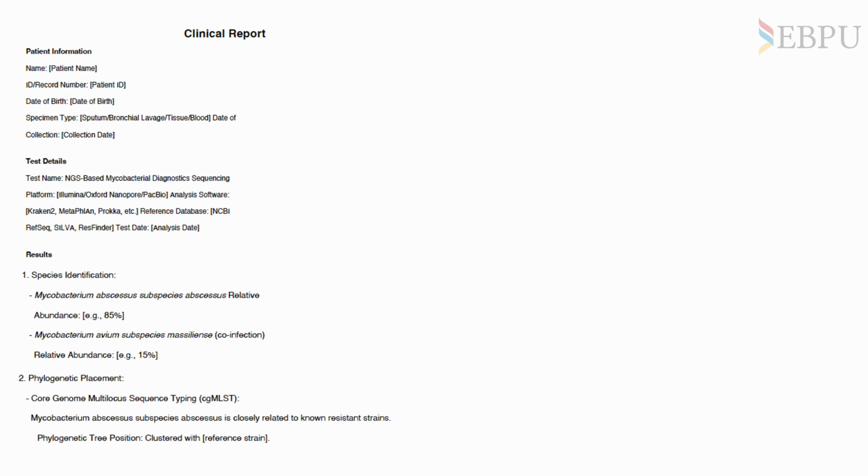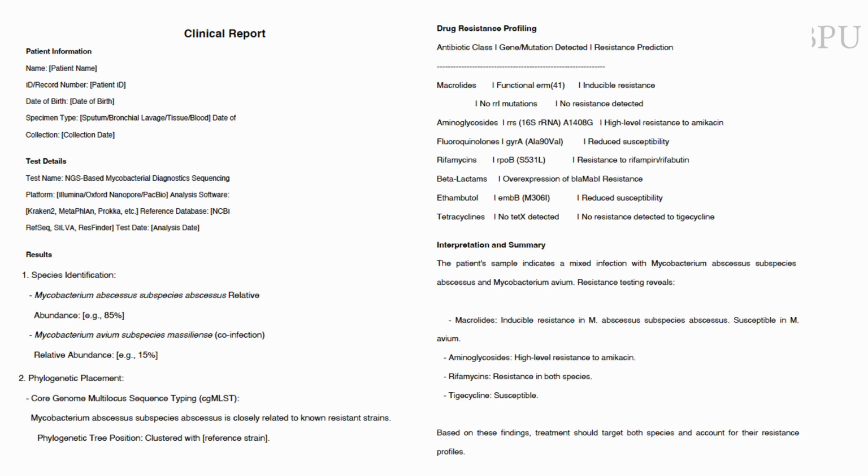So here is an example of how a complete NGS-based mycobacterial report might look. It includes patient and test metadata for clinical traceability, a species identification including relative abundance showing mixed infection with M. abscessus and M. avium, phylogenetic placement confirming taxonomic accuracy, and therapeutic guidance with primary, alternate, and monitoring recommendations tailored to the species and resistance profile.